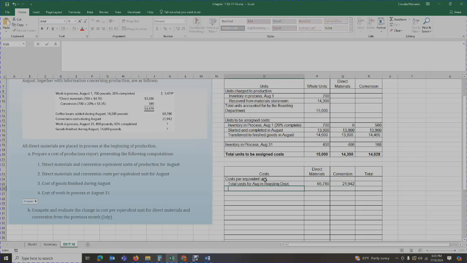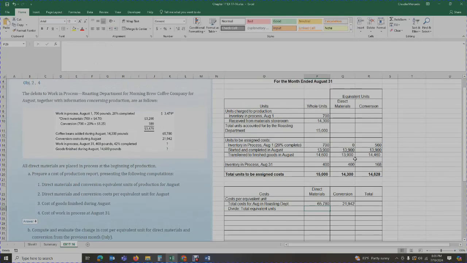Now we're going to get the total equivalent units that we calculated above. Okay? And we're going to divide by those amounts. We're going to divide by the total equivalent units. Okay, so what are my total equivalent units?